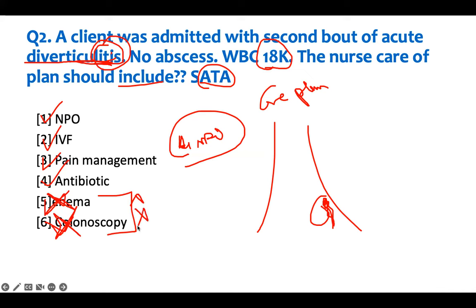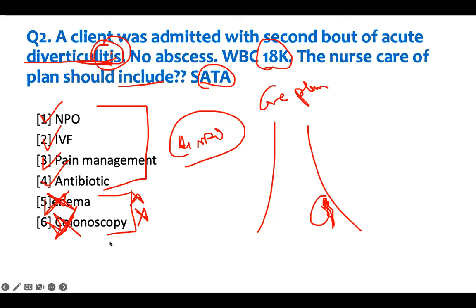Options 5 and 6 are wrong, and 1 to 4 are what you do for a patient with this condition. They get NPO, and with NPO you give IV fluid. If there's an inflammatory process, you give antibiotic, and from the antibiotic the white count comes down, slow but sure, so we can take care of the patient as soon as possible.